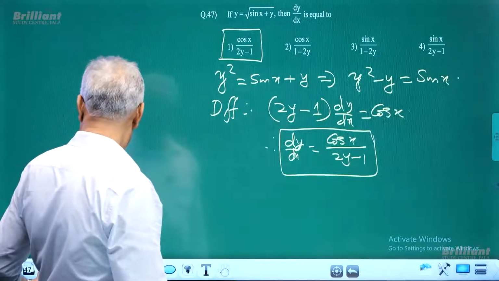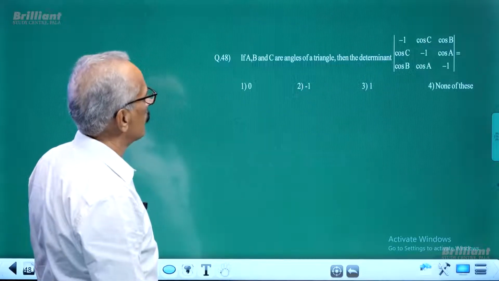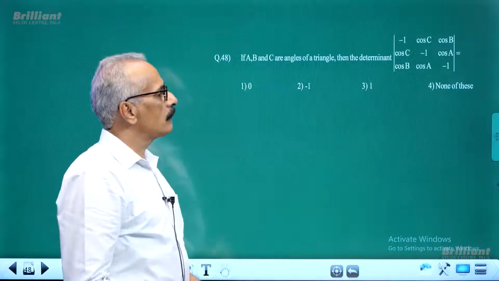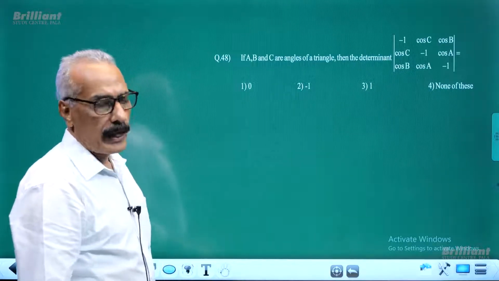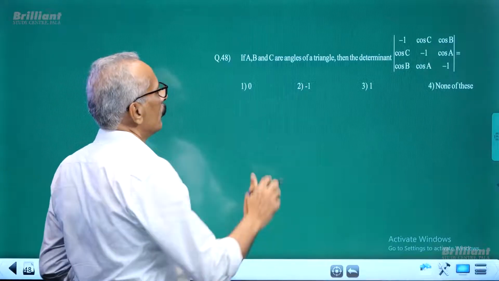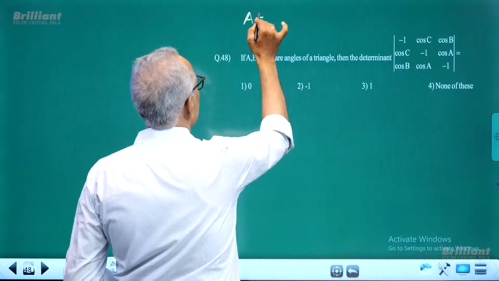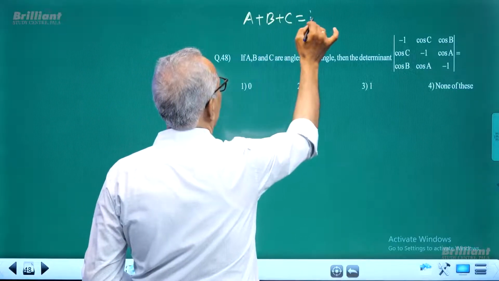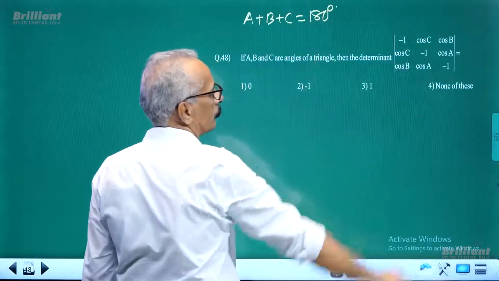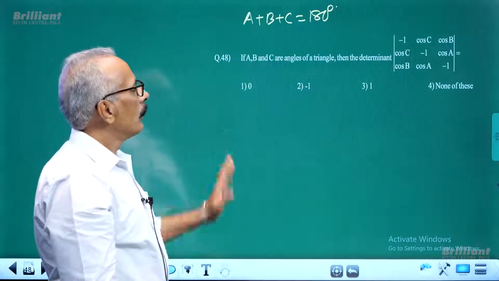Now we move on to the next, 48th question. ABC are angles of a triangle, then the determinant. Angles of a triangle, you know, you should remember that A plus B plus C is equal to 180 degrees.